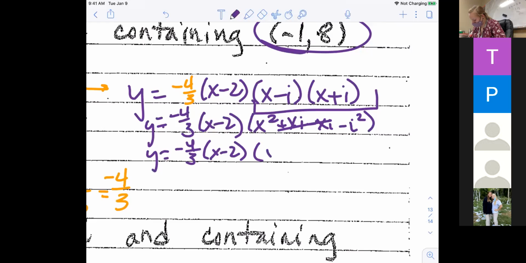Which becomes x squared minus, sorry, -i squared is negative times -1, which is +1. Yes, it's +1, which is why it should be positive there. Distribute your x minus 2 to that x squared plus 1.